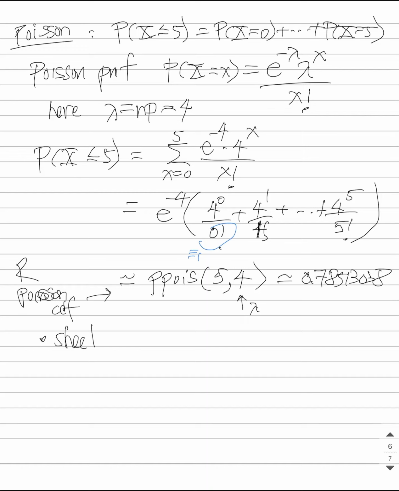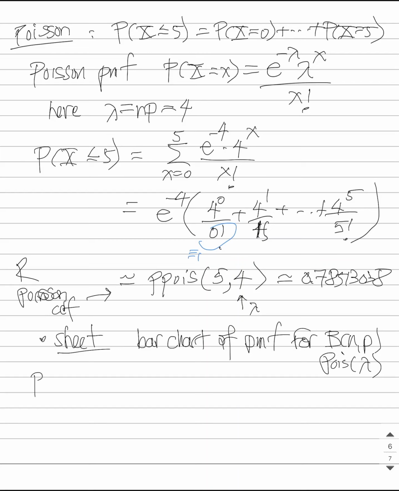Now, from the sheet, you can look at the bar chart of the mass function for binomial versus Poisson. In this particular example, I've got those bar charts up for this situation. We've got binomial with 200 and 0.02 versus a Poisson bar graph with lambda 4.